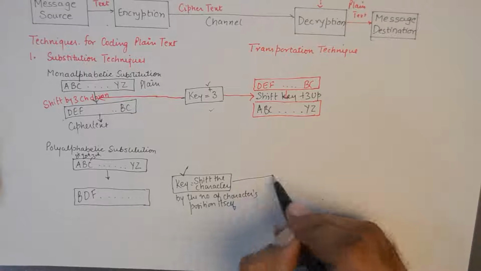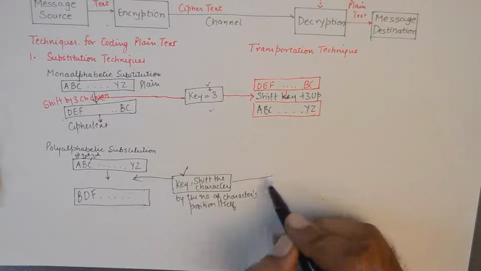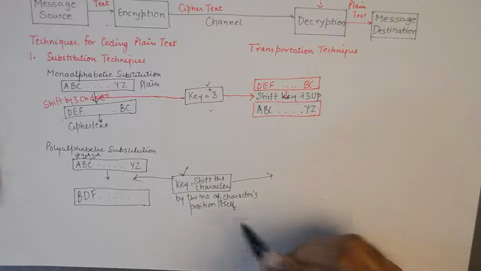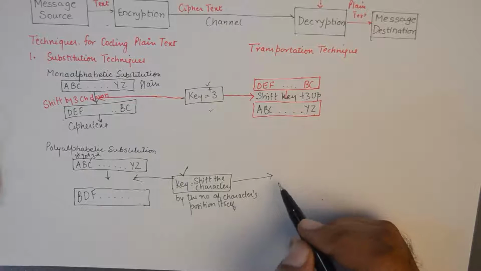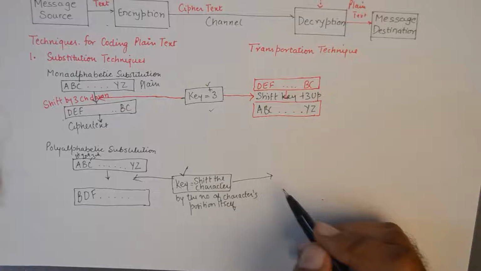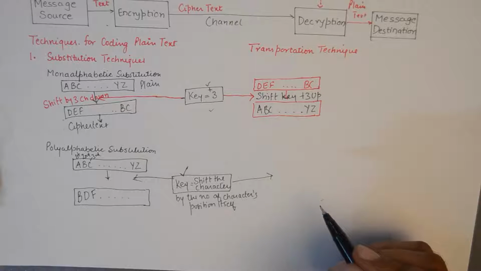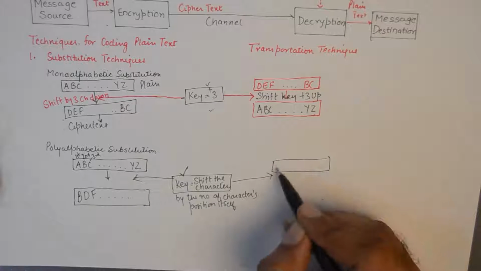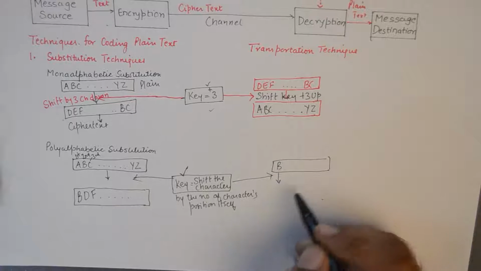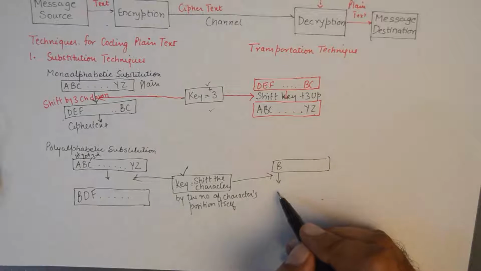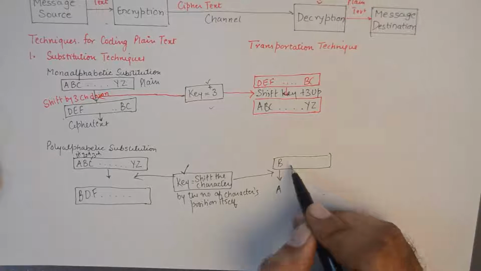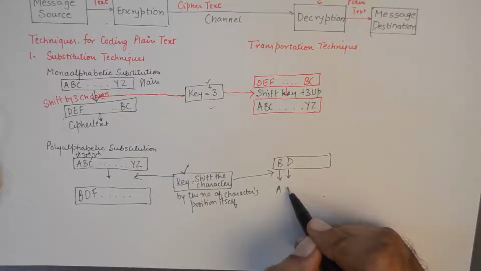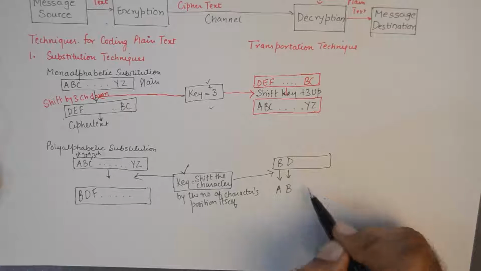The same key or the same algorithm or the same logic, whatever you may want to call it, is also informed to the receiver, so that whenever it receives a B, it should translate it automatically to A, and whenever it receives a D, it should automatically translate itself to B, and so on.